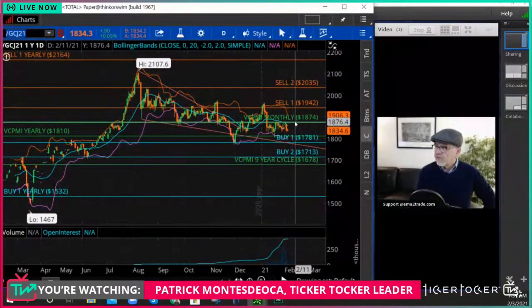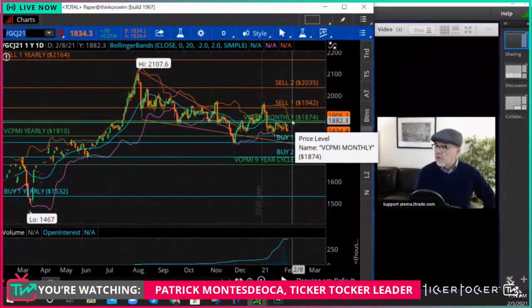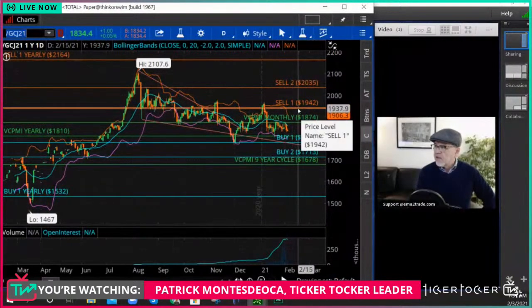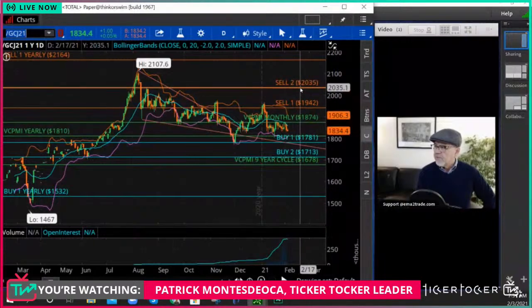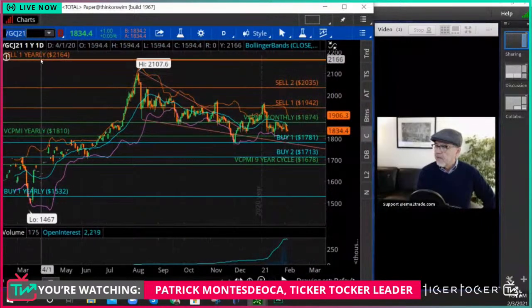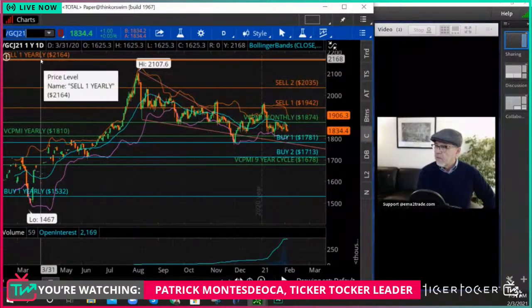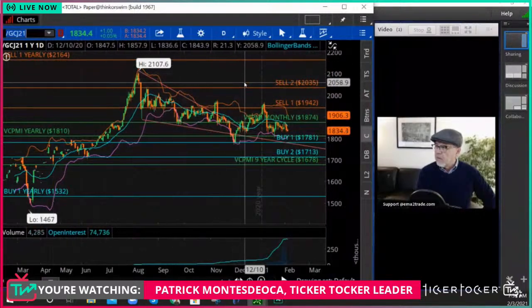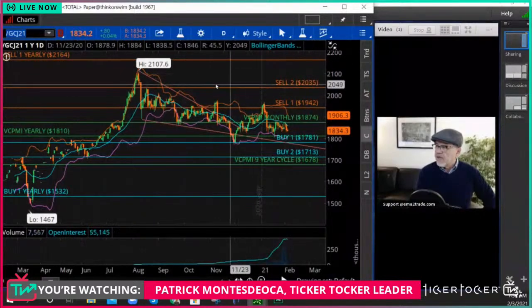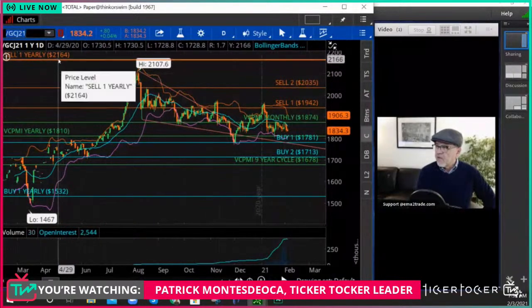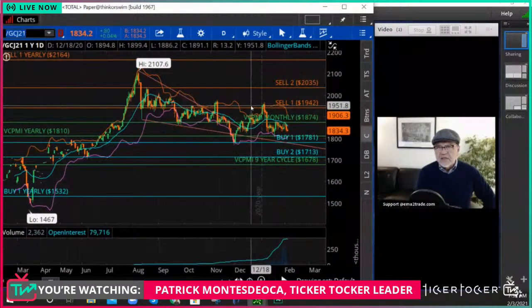What we need is for the market to close above 1874. And I think once we close above 1874, we're going to accelerate into that 1942, 2035. You can see the targets well above. So these are the targets that you want to use.